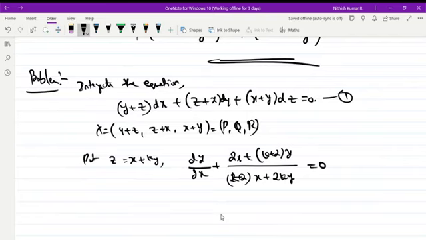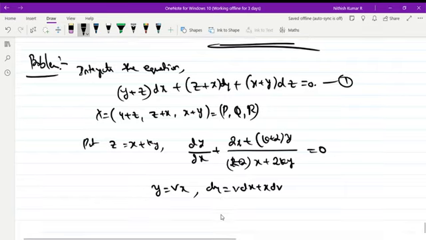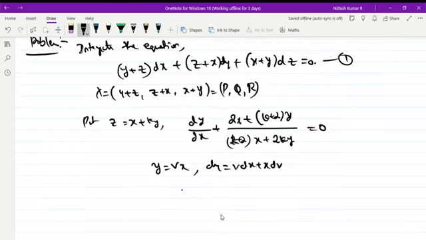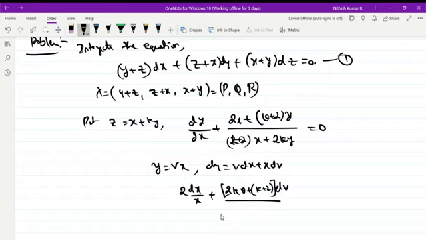So by substituting y = vx and dy = v dx + x dv, this equation becomes 2 dx/x + ((2kv + k + 2) dv)/(kv^2 + (k + 2)v + 1) = 0.